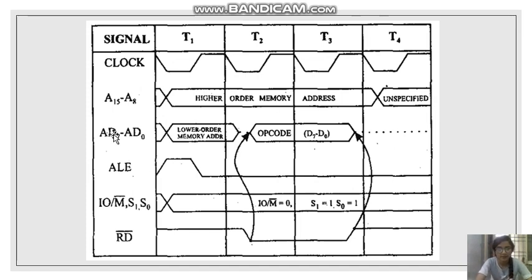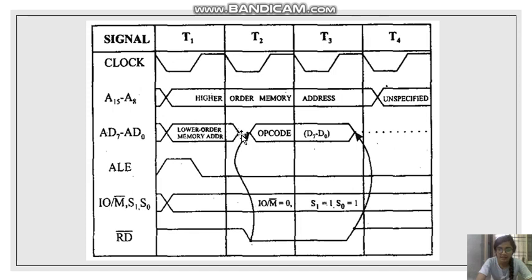The next, AD7 to AD0, will carry the lower order memory address for the first T cycle only. Then our microprocessor will send the ALE signal, which tells the address bus that you need to store this lower address in the latch.